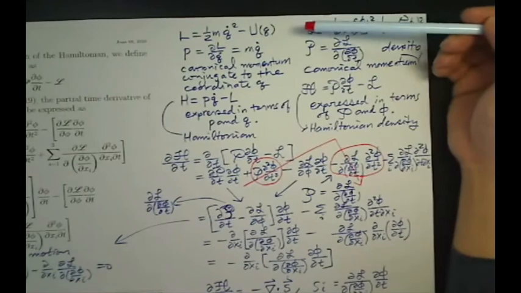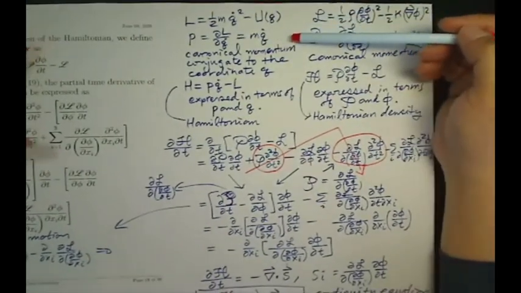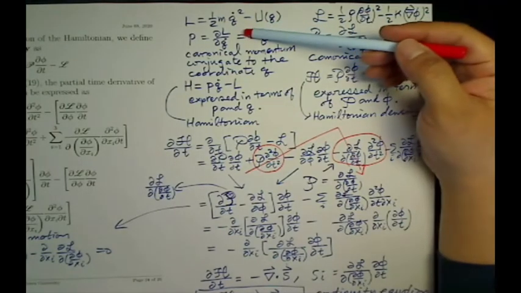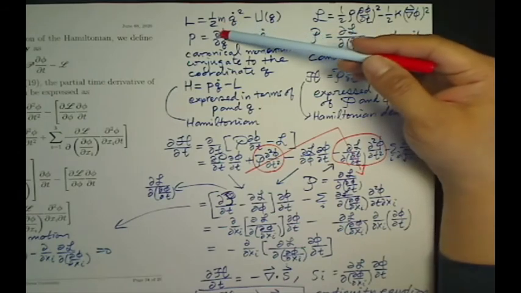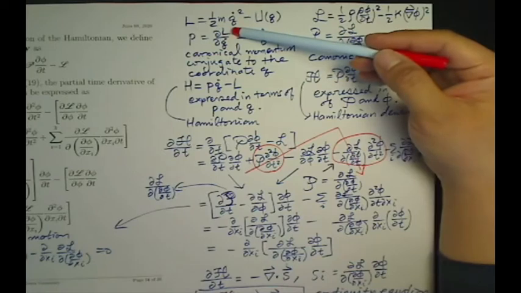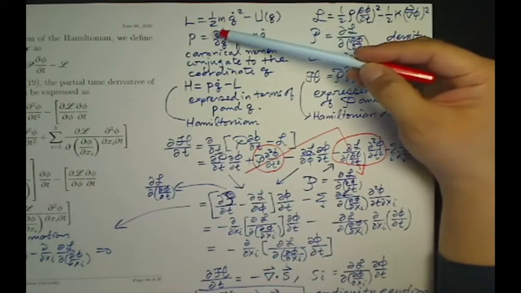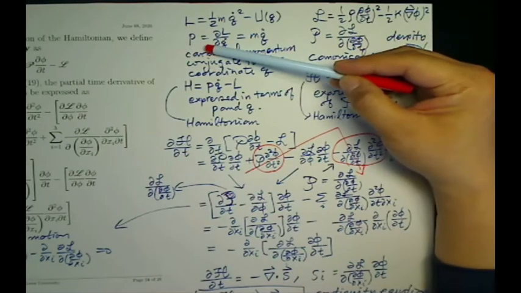First, let us recall how to construct a Hamiltonian out of a Lagrangian. This Lagrangian, dependent on a single generalized coordinate, is written in here. The Lagrangian is the kinetic energy subtracted by the potential energy, and we need to find the canonical momentum.